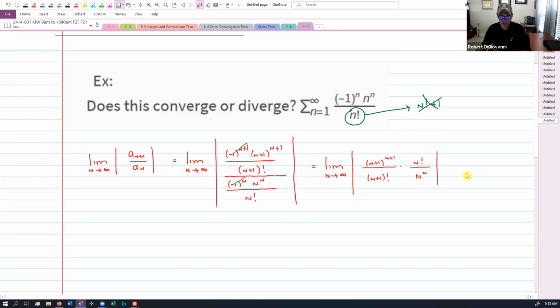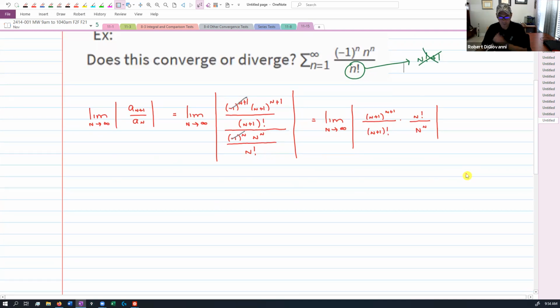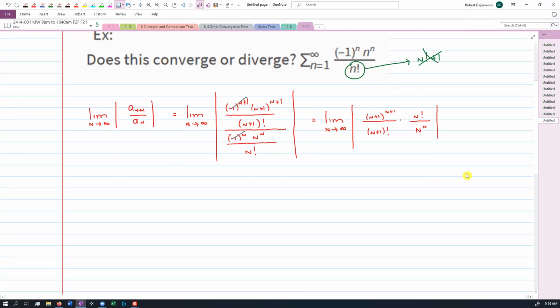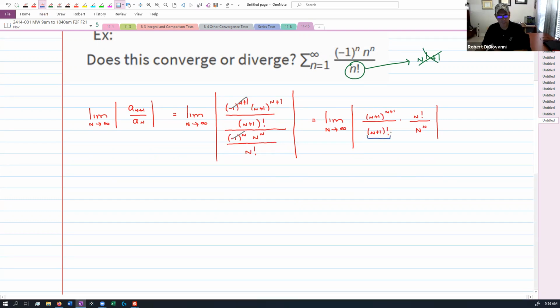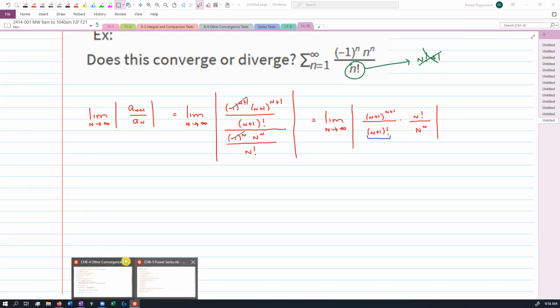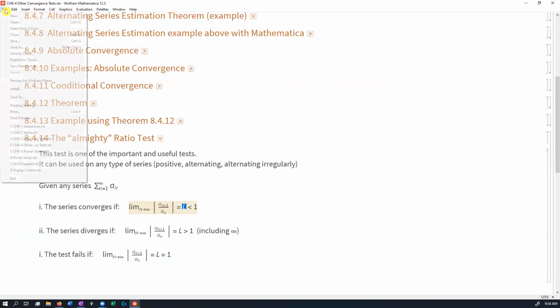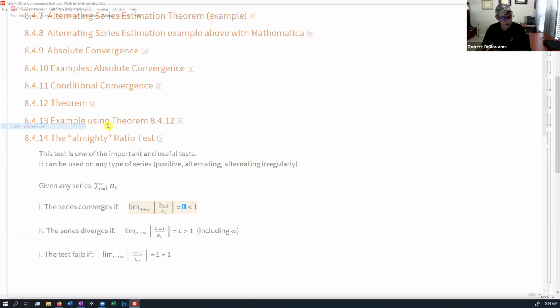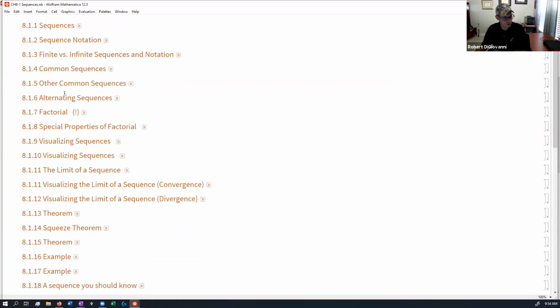What am I going to do next? What do y'all think? What can I do with this? N plus 1 factorial. There was a property of factorials that I asked you all to remember. This is actually in the sequences section, when we were talking about factorials, 8.1.7.